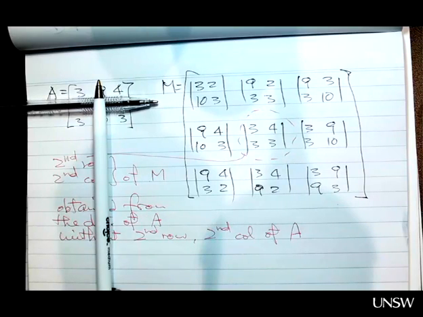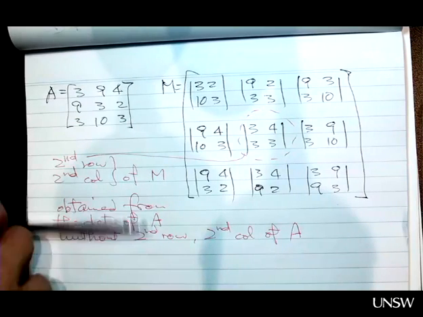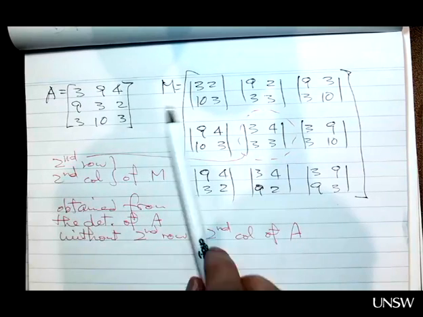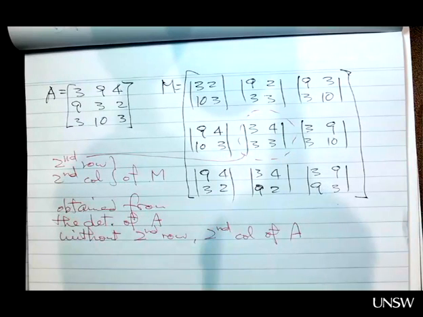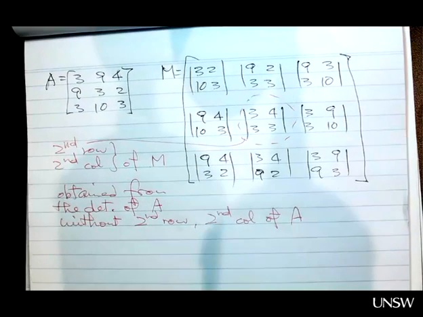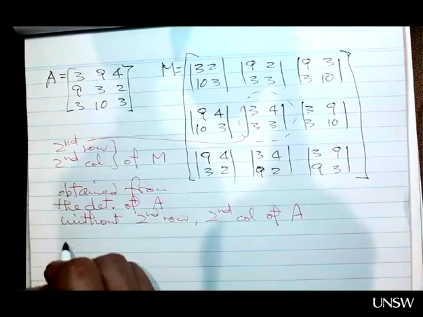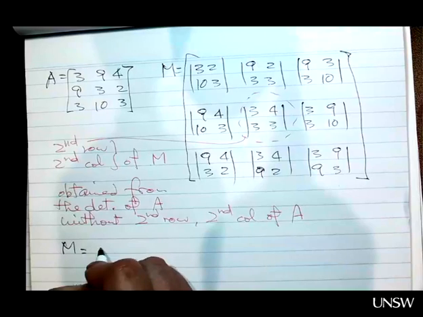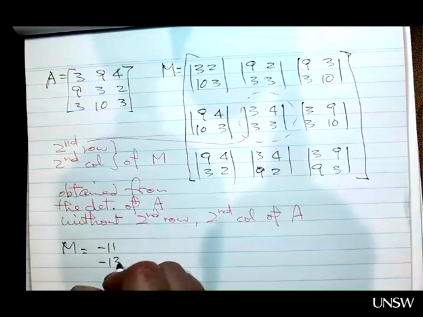Okay? And then the rest we calculate using the same method. So for this example, the minor is 6.